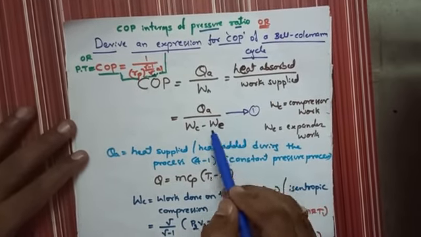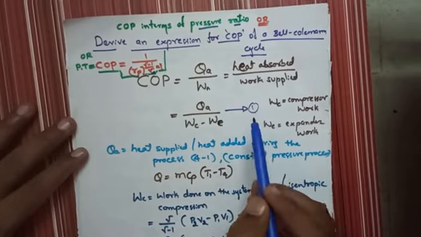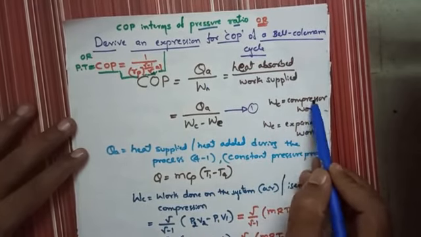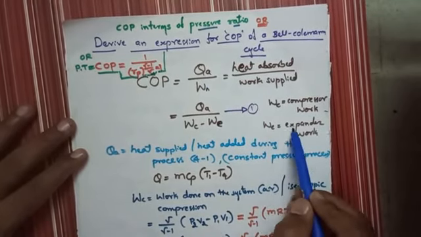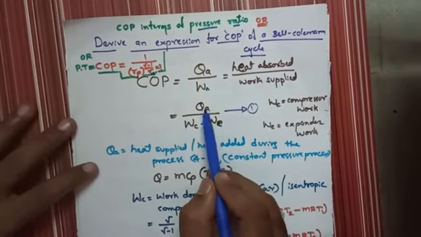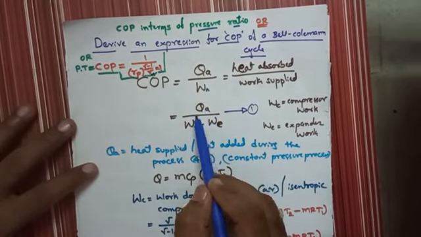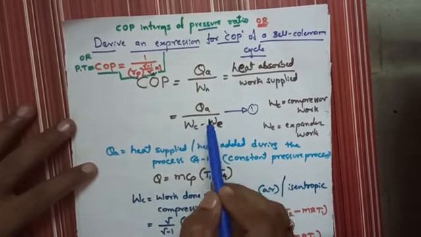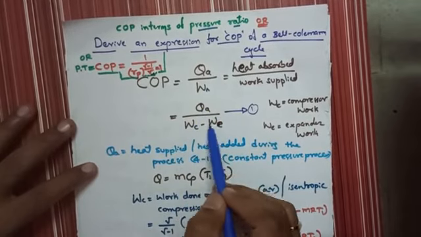Here I will take this as equation number 1. Wc is compressor work, We stands for expansion work. Now we need to calculate equations for these three parameters.